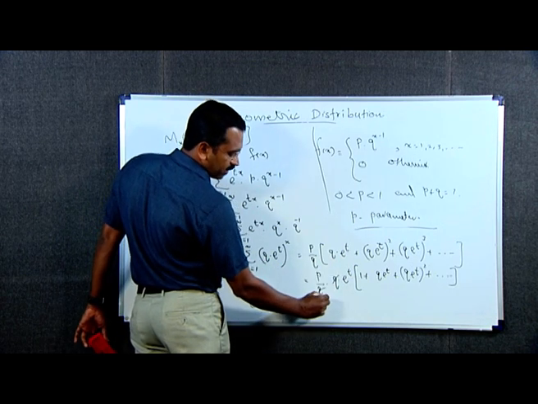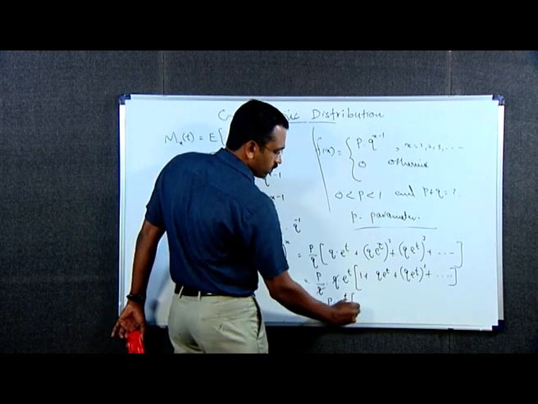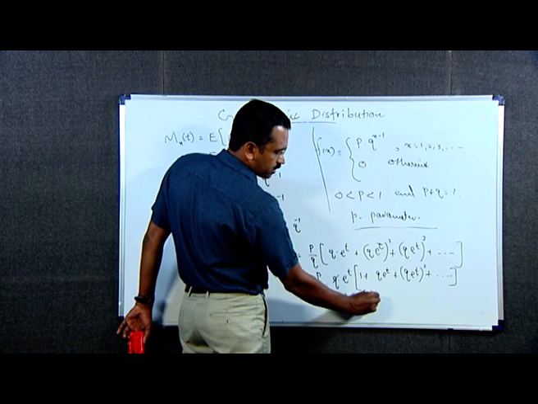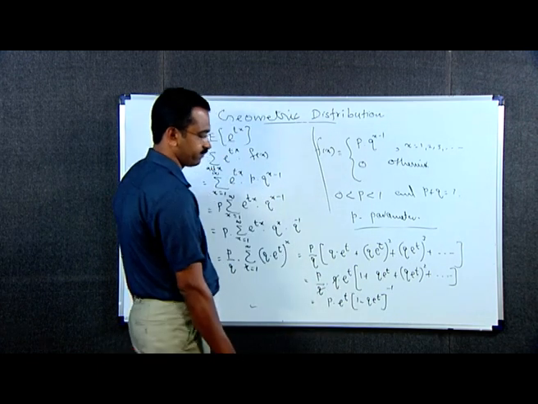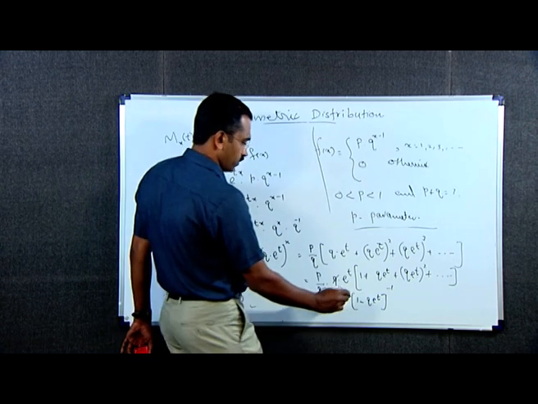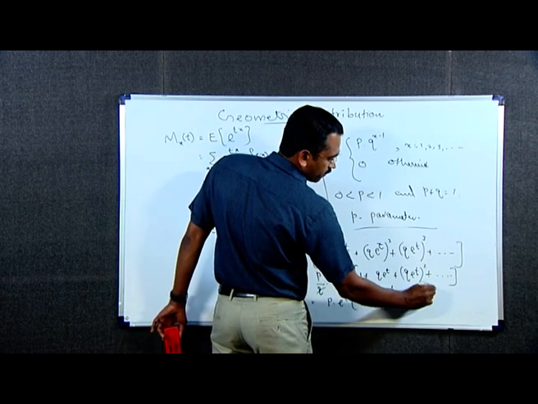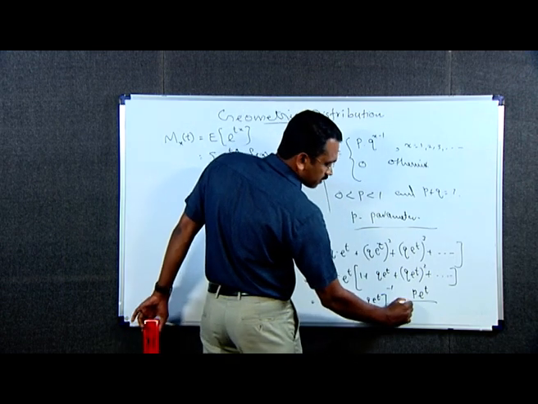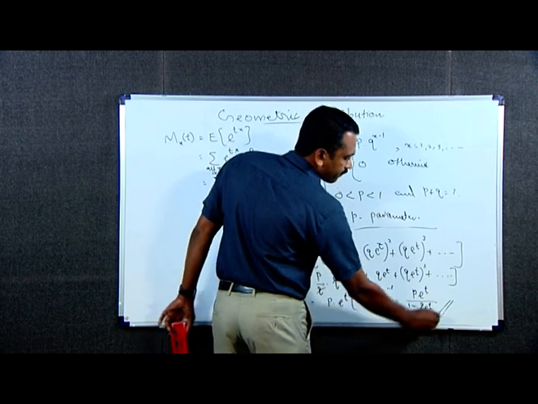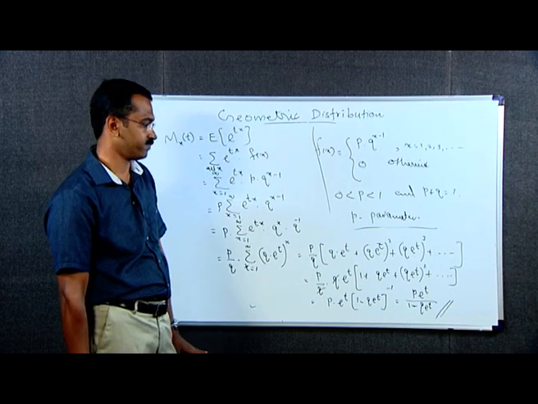The remaining terms are p into e raised to t into, this is the binomial expansion of 1 minus q e raised to t the whole raised to minus 1. That is equal to p e raised to t divided by 1 minus q e raised to t. This is the moment generating function of the geometric distribution.